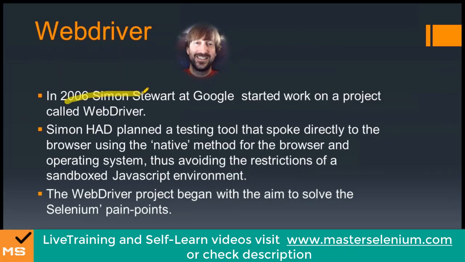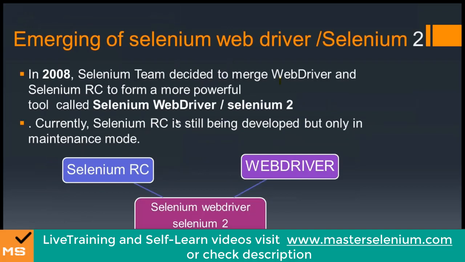Simon Stewart from Google started working on this project. His main agenda was to remove all the pain points of the earlier version of Selenium. That was his motto, right? And eventually he almost did that.